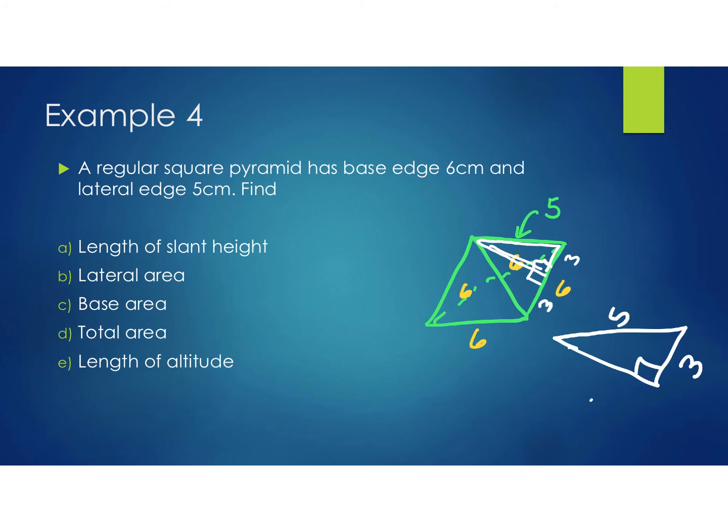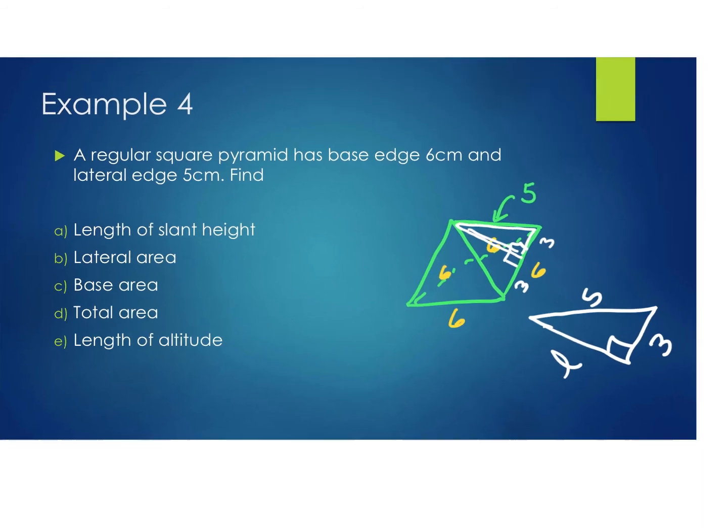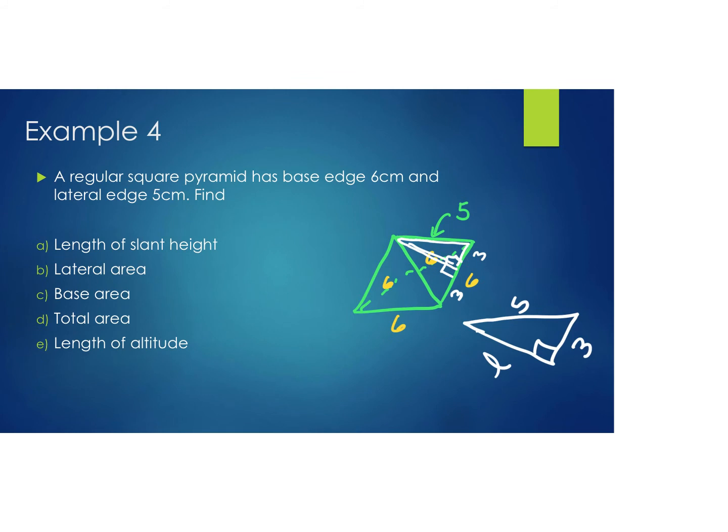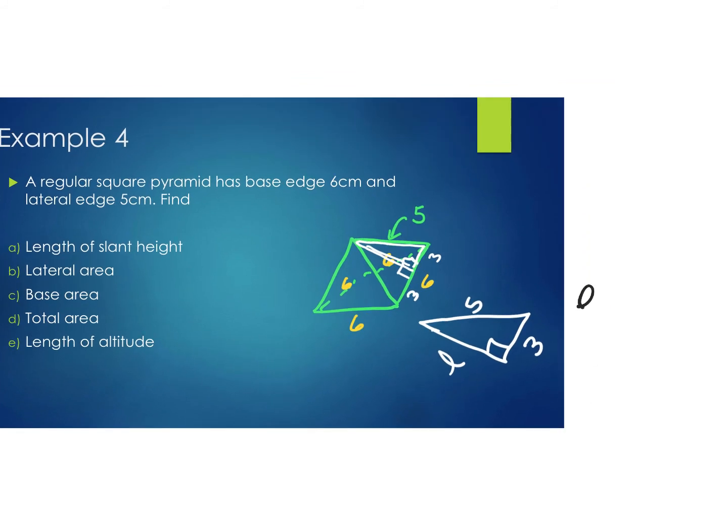So to find the slant height, which is L, I'm going to be doing Pythagorean theorem. Now, if you recognize that this is that classic 3, 4, 5 triangle, then you don't have to do Pythagorean theorem. But I'm going to do L squared plus 3 squared equals 5 squared. L squared plus 9 equals 25.